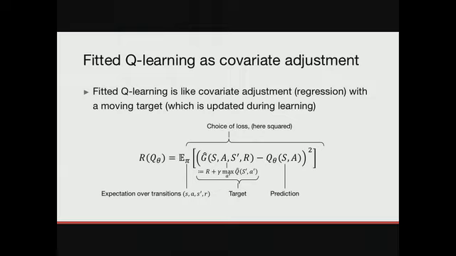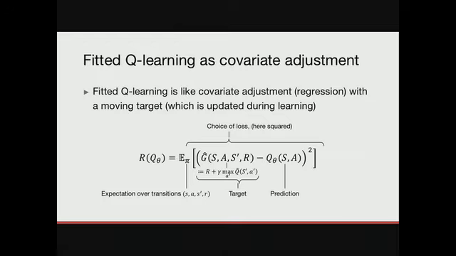So the question we got before was, how do I make use of, or how do I know the transition matrix? How do I get any information about this thing? I say here on the slide that we have some target that's R plus future Q values. We have some prediction, and we have an expectation over transitions here. But how do I evaluate this thing?